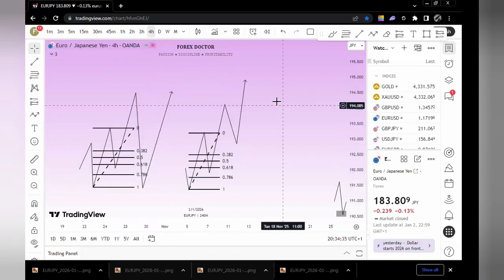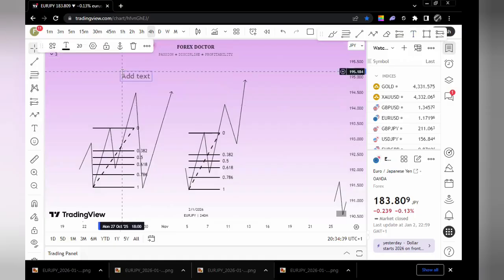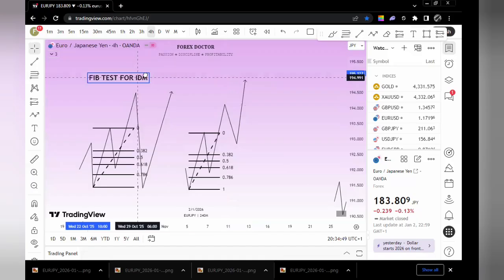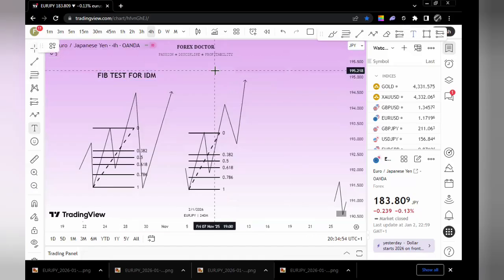It's a very, very good trade. Okay, so that's Fibonacci test for inducement. And this is what optimal trade entry, OTE, is.